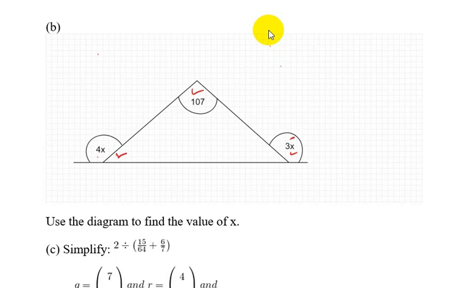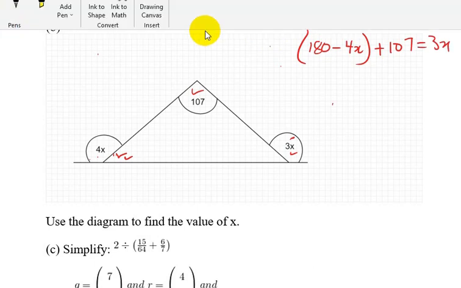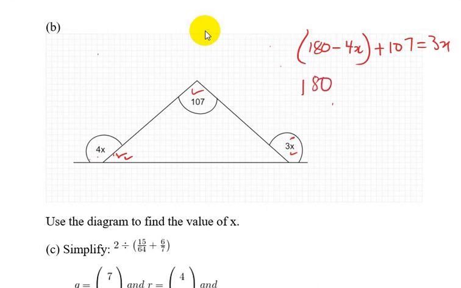So what we are going to do is name this angle a different way. We know that it is on a straight line with 4x, so we can say that this angle is 180 minus 4x. Then that angle plus 107 should be equal to 3x, the 3x outside. Then we solve for x. So we get 180 minus 4x plus 107 equals 3x.